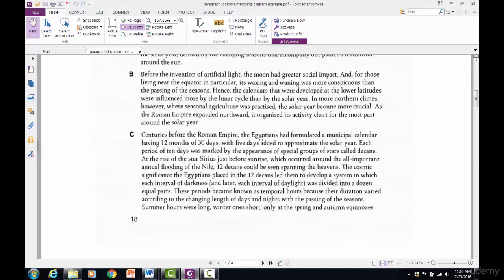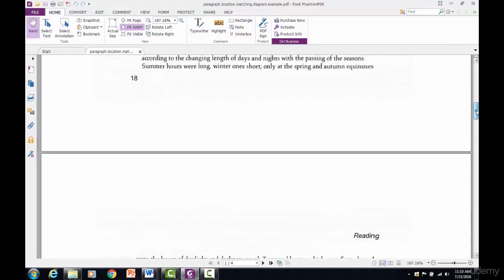So they had 12 months of 30 days. Now, if we look at the other sentence with the Egyptians, it says the cosmic significance the Egyptians placed in the 12 deacons led them to develop a system in which each interval of darkness was divided into a dozen equal parts. All right, so 12 months, 30 days. So they divided it into equal parts.